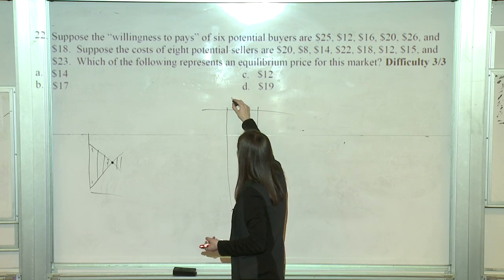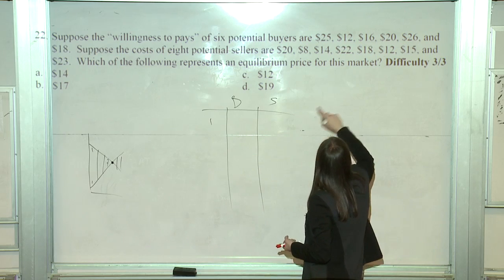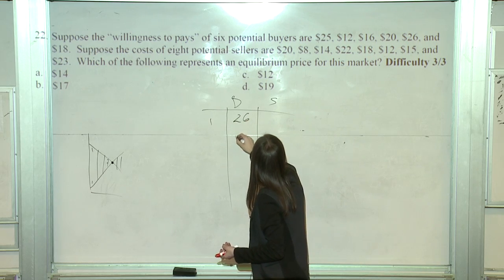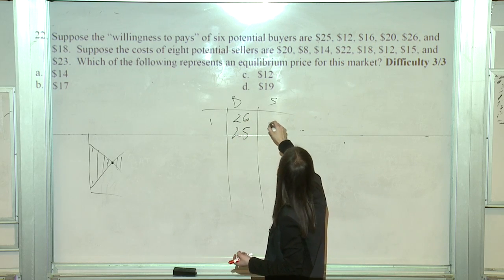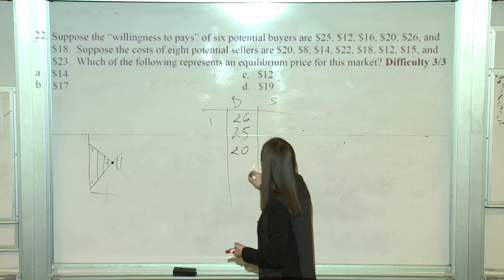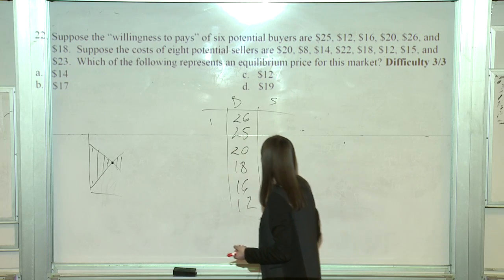All right, so this is buyers and this is sellers. What's the highest there? Where do we start? 26, 25. What is next? 20, 18, 16, and 12. Okay?